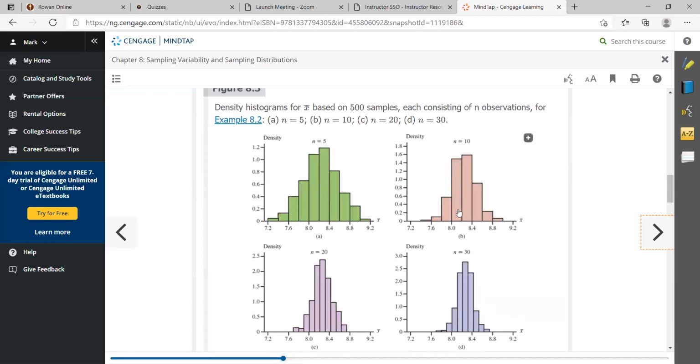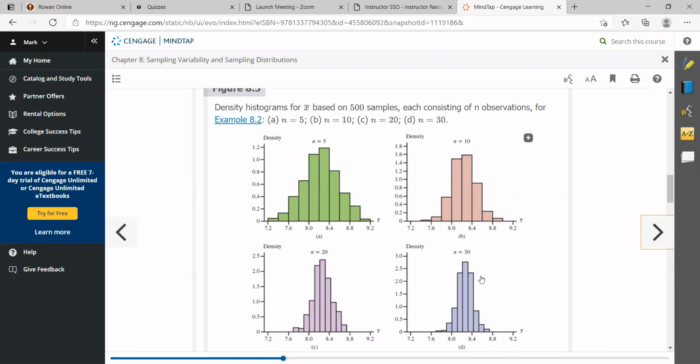Now, what we're looking at here are 500 samples each, but different sample sizes for each of those 500 samples. So these histograms refer to the sampling distribution of 500 samples, and each one has a different sample size.